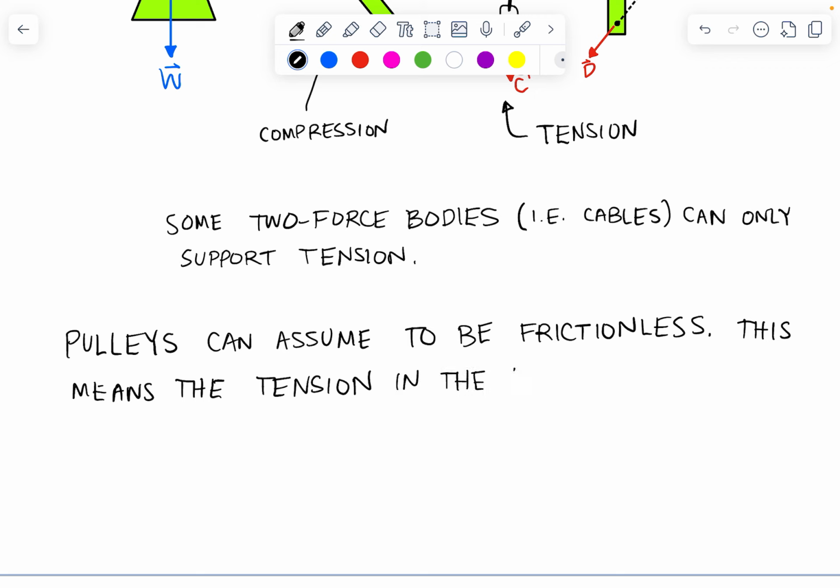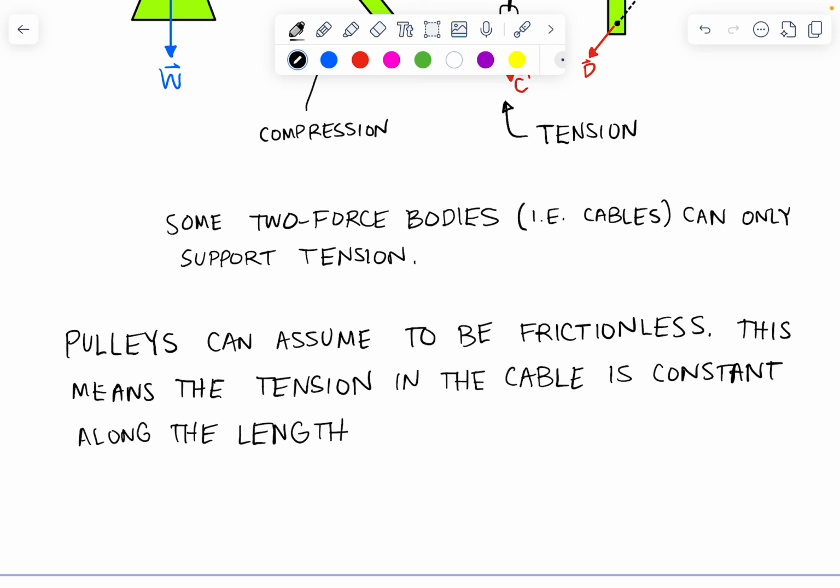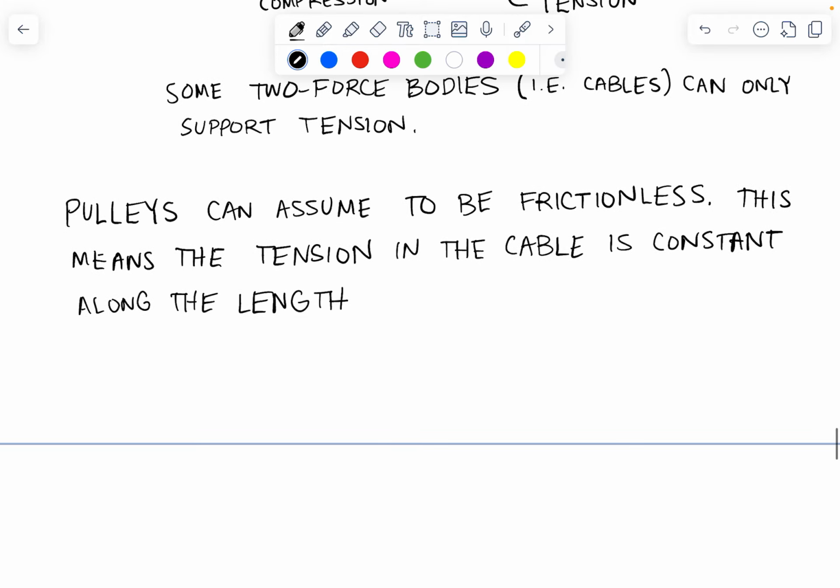Or in other words, the tension in the cable is constant along the length. Right, so it may change direction when it goes through the pulley, but the magnitude of the tension in the cable is going to be the same on either side.